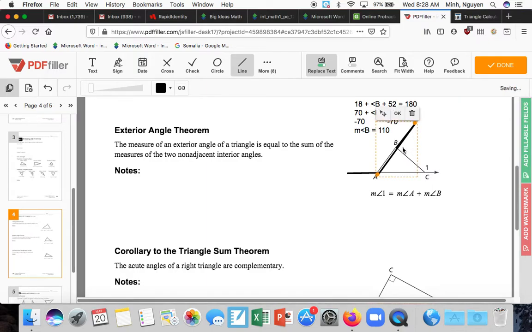Even though that came out ugly, hopefully you get what I'm talking about. So this angle right out here, angle 3, would be equal to angle A plus angle C.